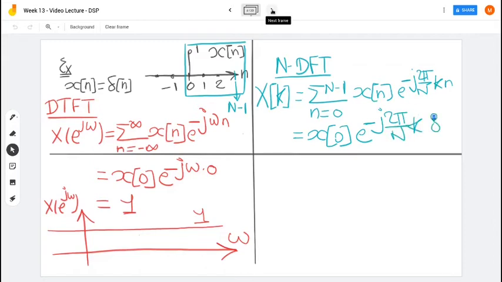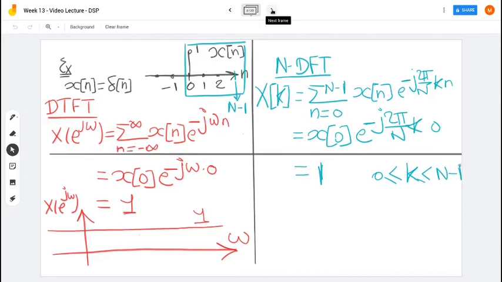This will give us 1. But this one is completely different from the one we got in the DTFT. How is that? The one we got here is for a function called X of k, and this is true for discrete values of k, where k takes the values from 0 up to n minus 1.